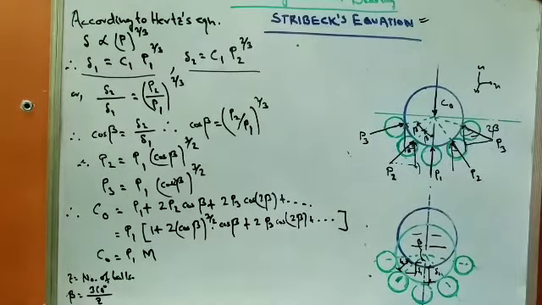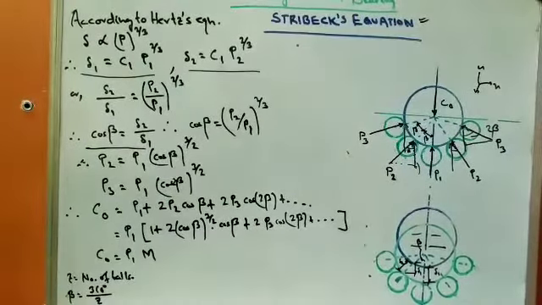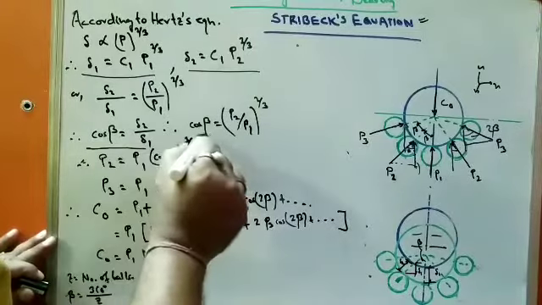Now previously we have shown that cos beta is equal to del 2 by del 1. Similarly, cos 2 beta should be equal to del 3 by del 2. So in place of del 2 by del 1, we put the value of cos beta.